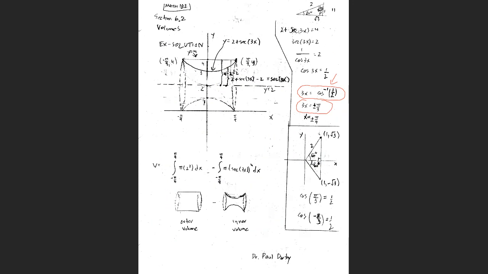Well, here's the justification. Angles of 60 and negative 60 degrees, their cosines will both equal a half. And so that's just to justify this step here. Oh, okay. Thank you. Good question. Are there any other good questions?